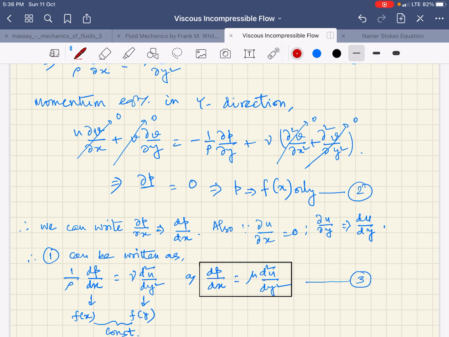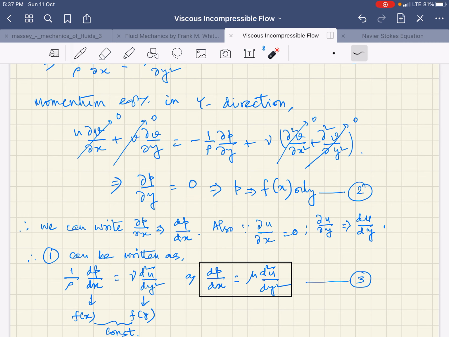It is wrongly written as ∂p/∂x in the note; it should be ∂p/∂y. So this term is actually ∂p/∂y, which is the only term that remained in this equation of motion in the y direction, so that is set equal to 0.